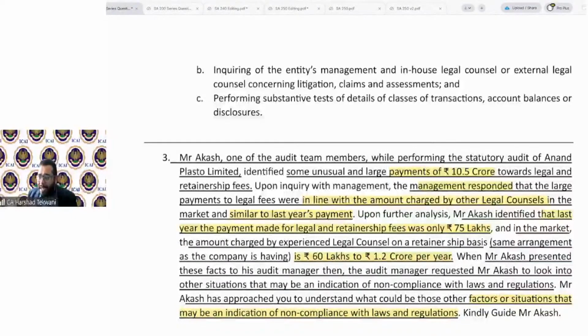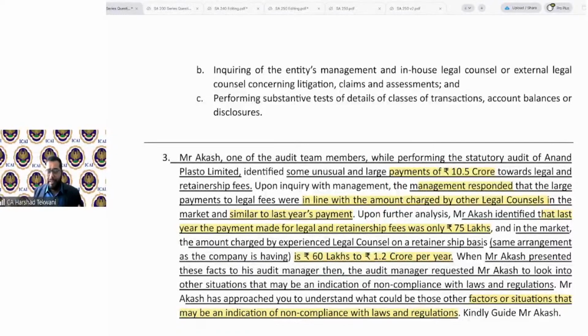Same way, there could be some other areas, other factors, situations, indications, which could lead to a suspected non-compliance. And which are those factors, situations? You need to provide the example. Think about it. You have seen certain examples, certain transactions, which could generate some suspicion that this could be because of some non-compliance.